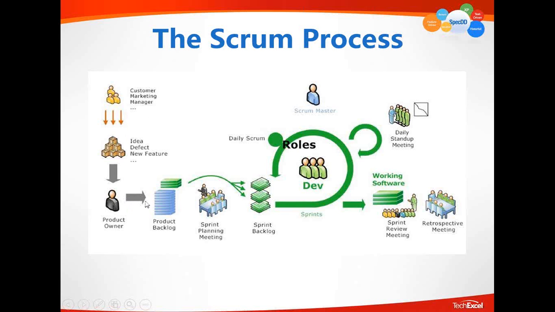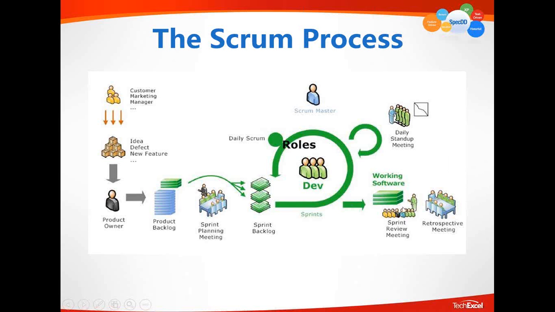Therefore, the product owner is responsible for prioritizing them and creating a product backlog, so that the top backlog items, whether they are features, functions, or defects, represent the immediate attention that a Scrum team needs to pick up to become the commitment.